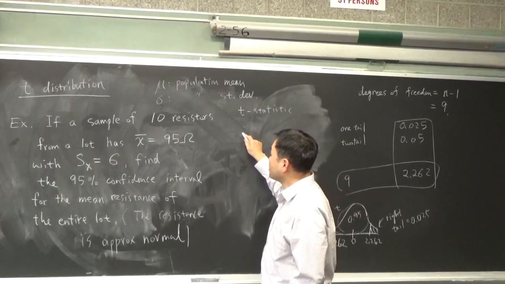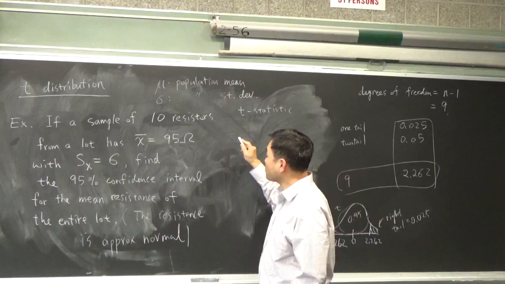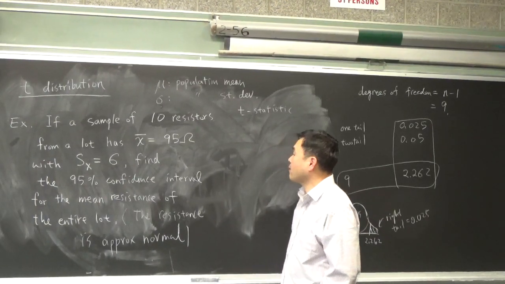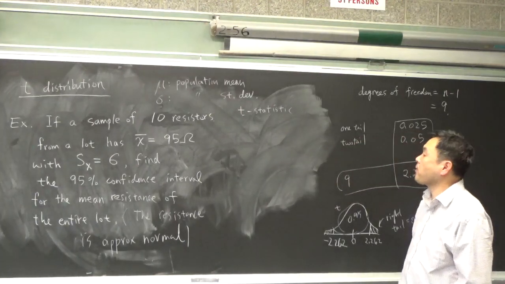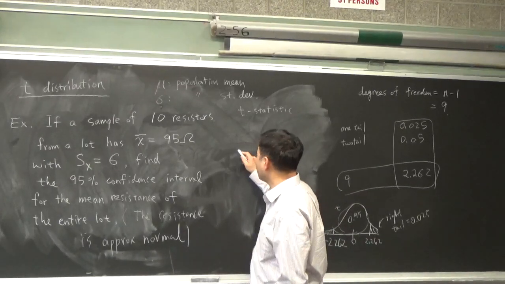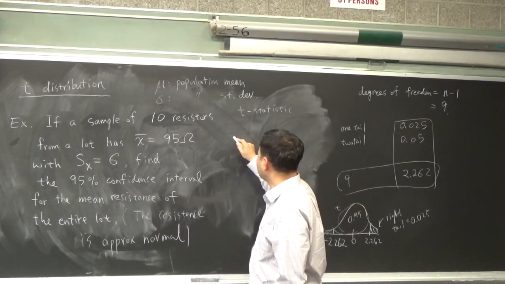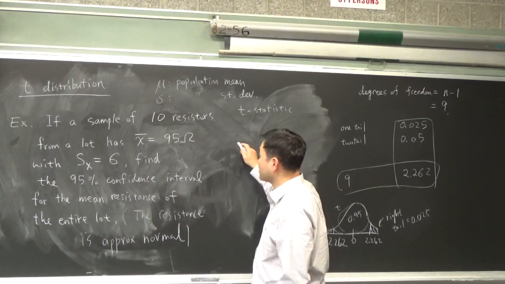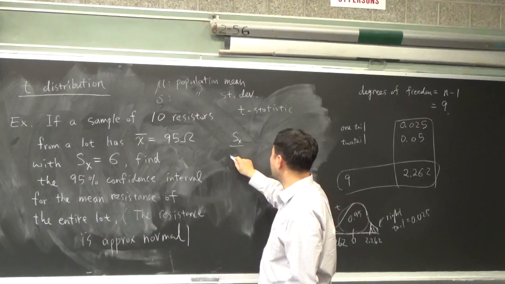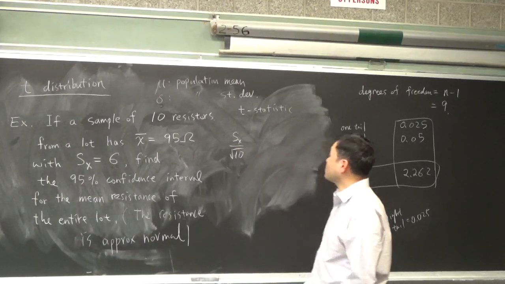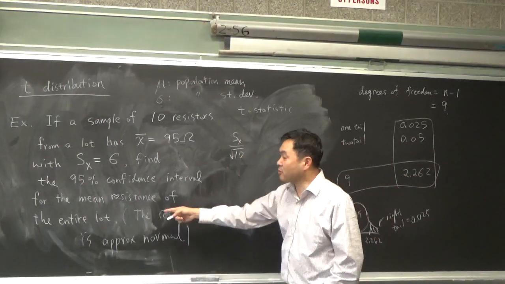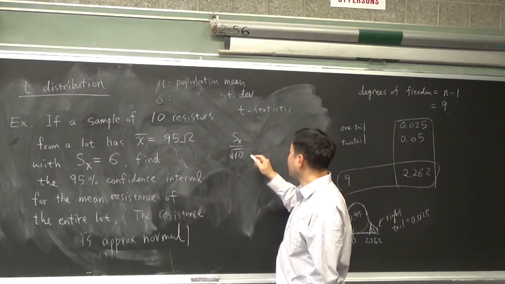Okay, so what we do is, first of all, because we're taking 10 resistors, the average will now be, so I don't know how to write this. I'll just write it like this. So that will be the standard deviation of the average. And what is this one?